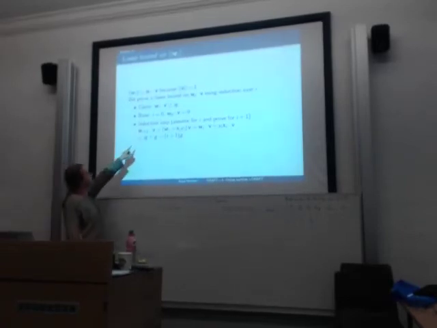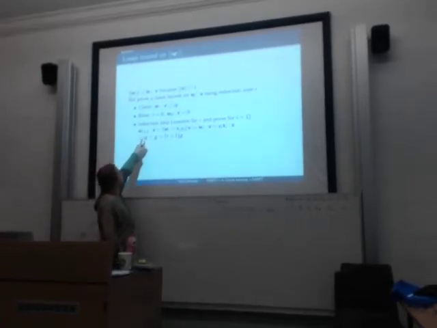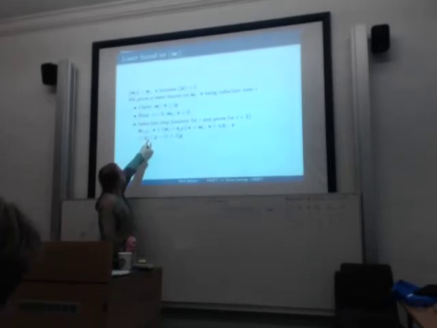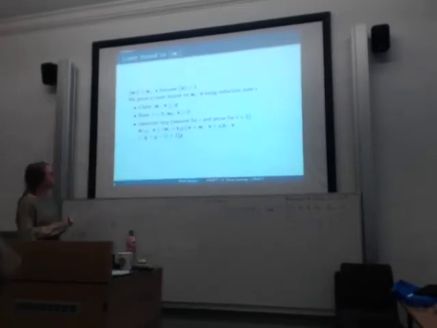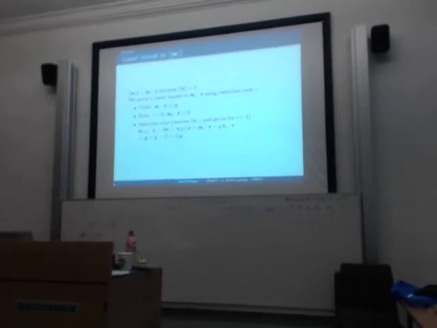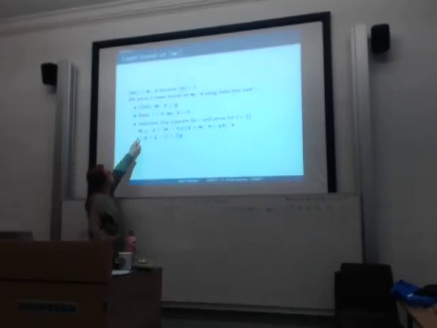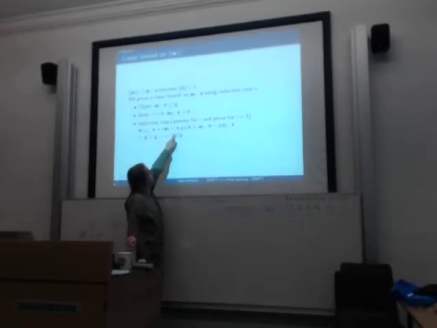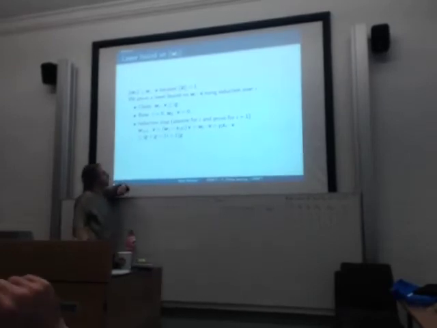Whenever we make a mistake, on each trial we make a mistake, wi becomes wi plus xi times yi, because this is our update.